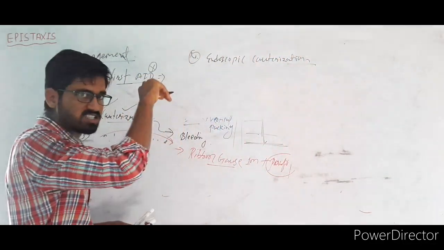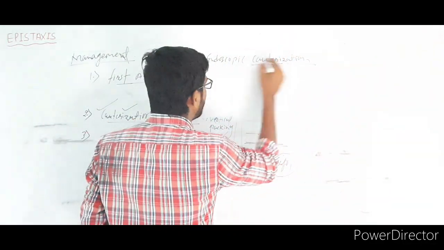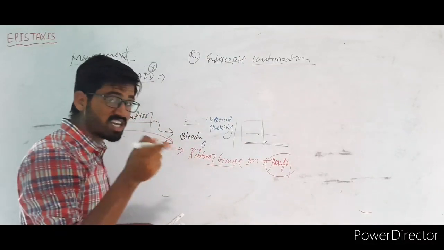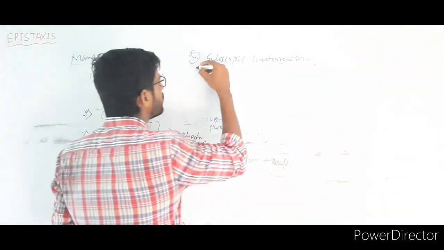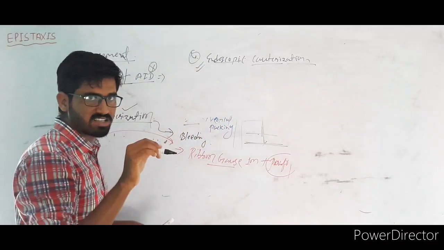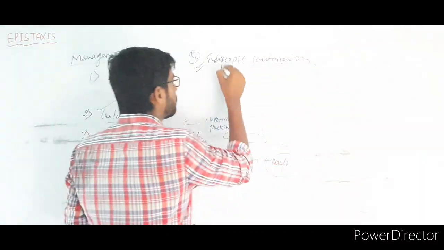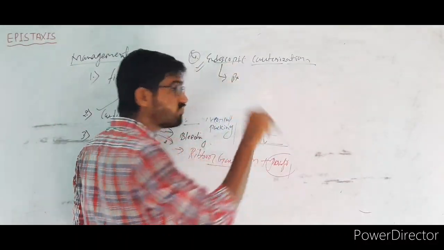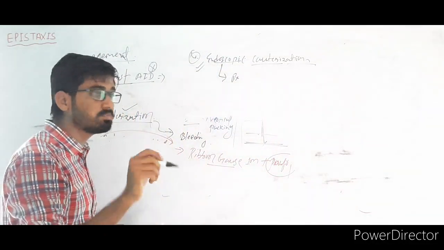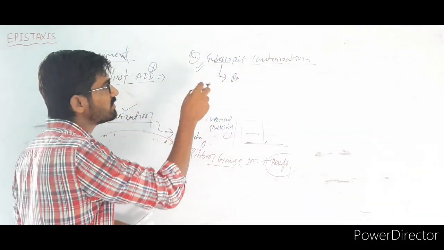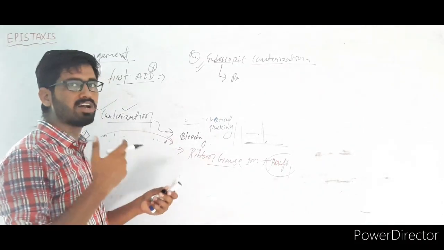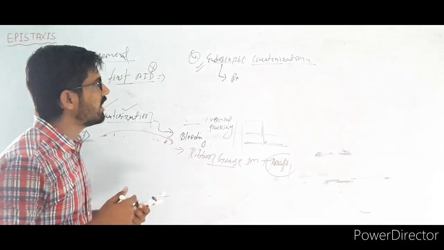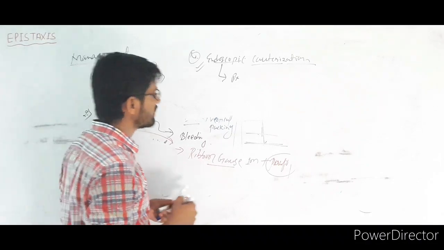First we have seen cauterization, now again cauterization, now endoscopic cauterization. If the bleeding point has been located, if you know the bleeding point, we can do this endoscopic cauterization. But in profuse bleeding, we can't do endoscopic cauterization, because we can't locate the point.